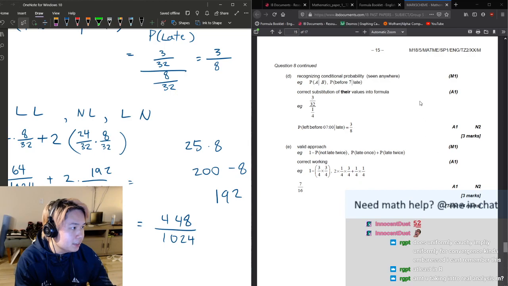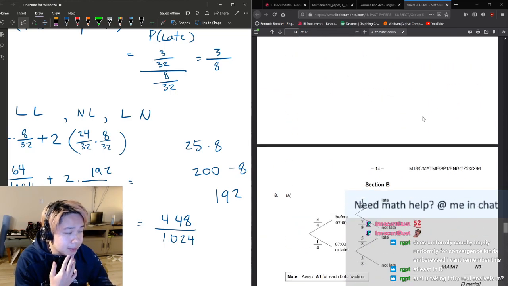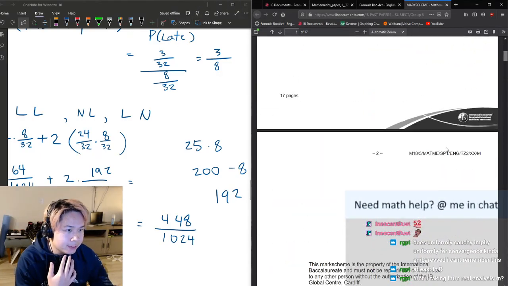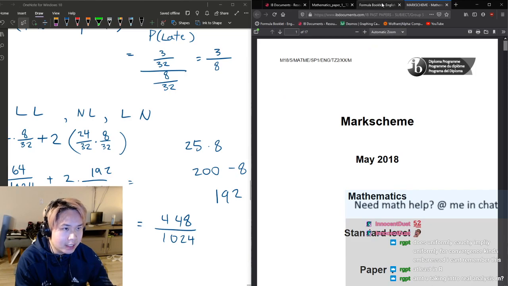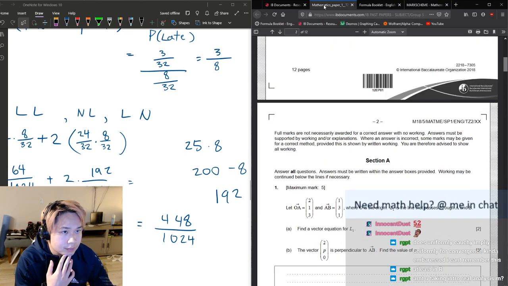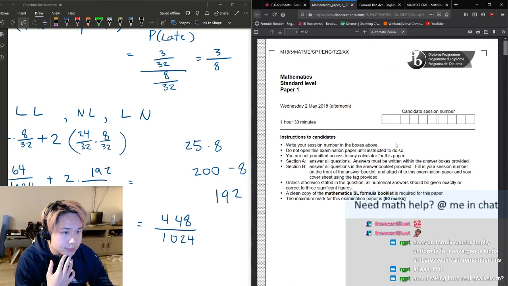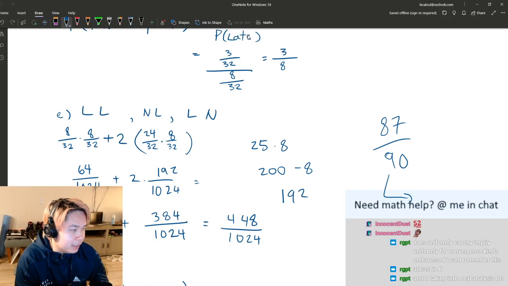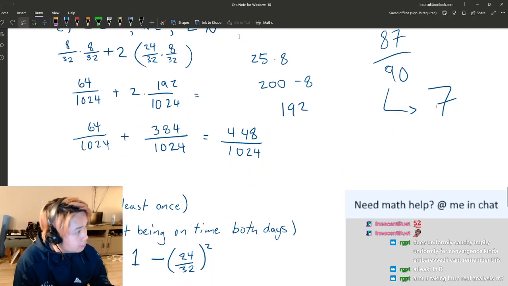But then all of these I would get right because I got follow-through. So I only lost 3 marks out of however many this is out of. 90 marks. So 87 out of 90, which is definitely an IB grade of 7. Nice.